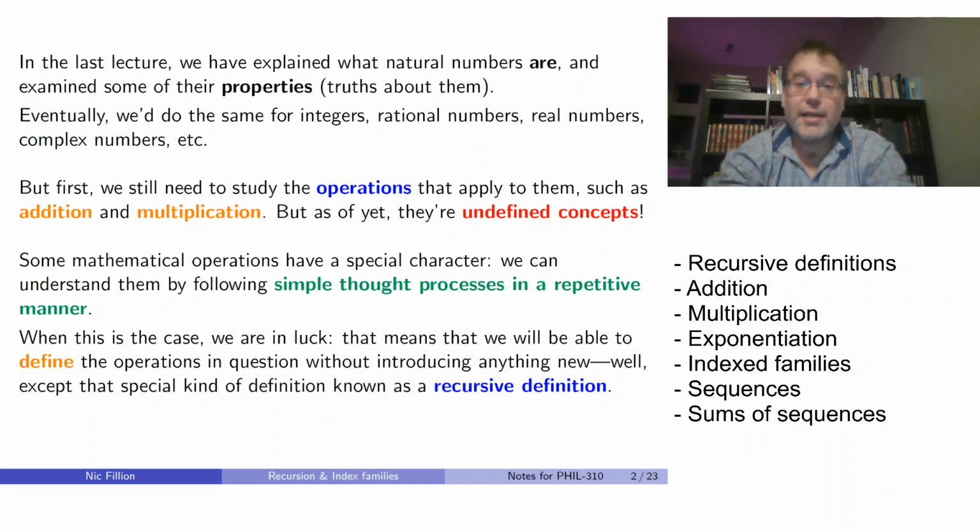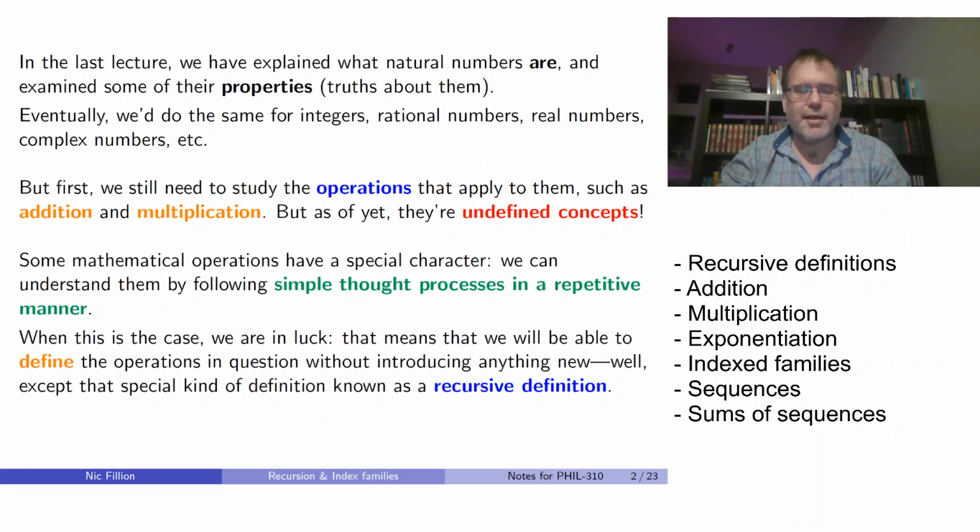And eventually, what we would want to do to have a full understanding of the foundations of the mathematics that we use in various courses would be to do the same thing for integers, rational numbers, real numbers, and who knows, perhaps even complex numbers. But that would be beyond what we can do within this last lecture.